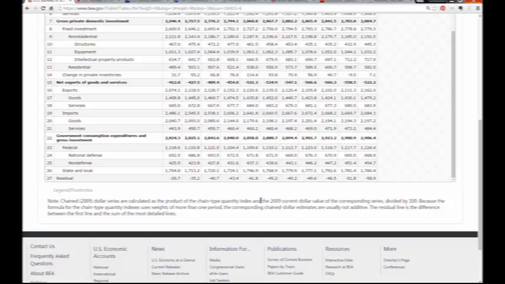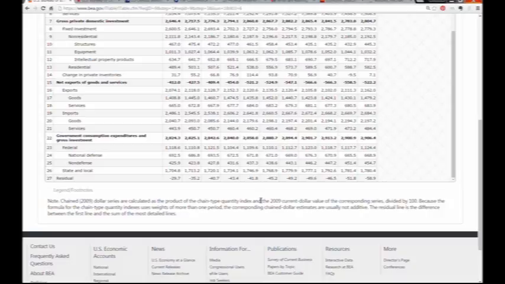The reason is that this is your program spending, on activities that, most of it discretionary, you would normally associate with government except for entitlements.